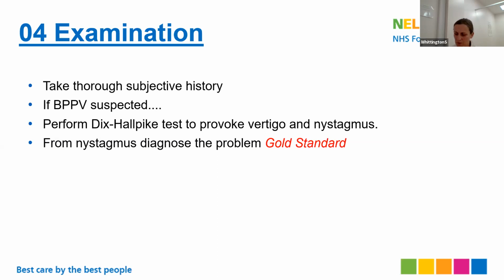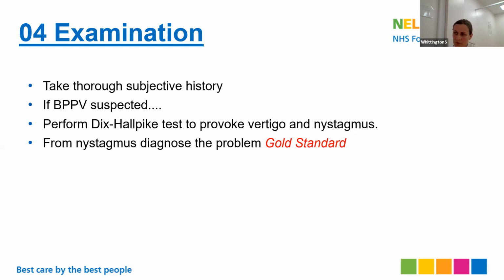So it's very important when you take your initial assessment that you go back to how did it start, what were the initial symptoms, was there an injury, was it a gradual onset, was it sudden, how has it been presenting over the years, does it come in episodes, is it there all the time? You want to ask about the current symptoms, is it a spinning sensation or is it more a sensation of lightheadedness or loss of balance?